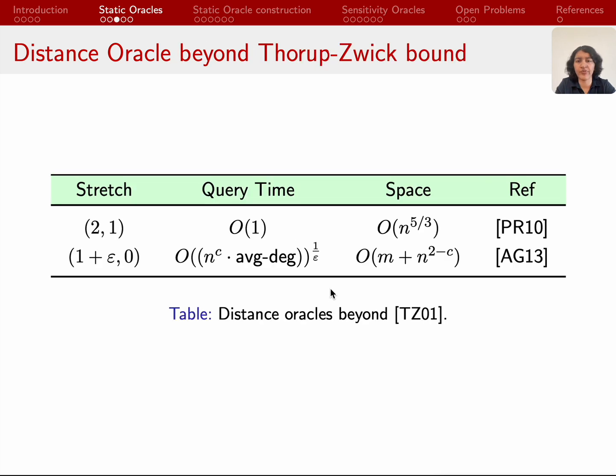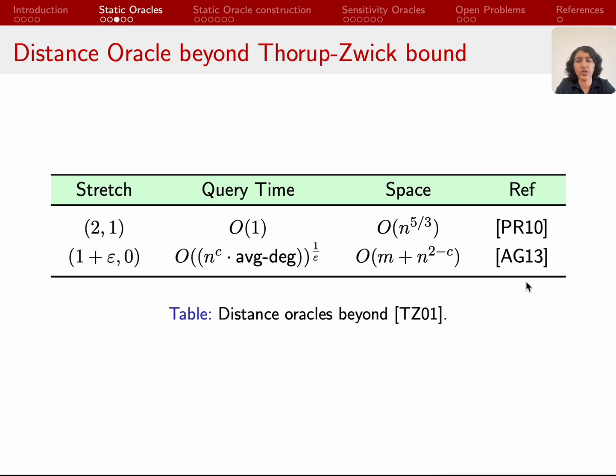So after this, a natural question was, can we bring down the stretch below 3? So Patrascu and Roditty showed that it's possible to obtain an oracle of stretch 2, 1, query time constant, and space n to the power 5 by 3. Also, Agarwal and Godfrey considered the question of computing oracles for sparse graphs.